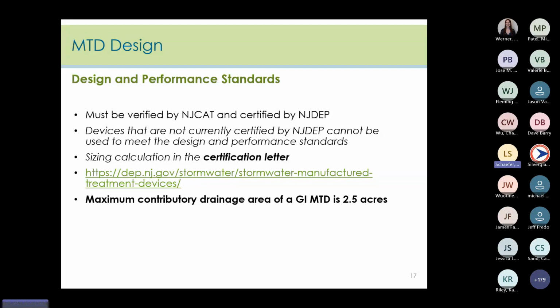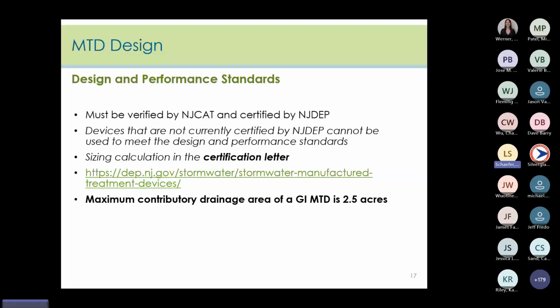All right, they're all listed here at this link on the slide. But take note that the maximum contributory drainage area of a GI MTD is 2.5 acres. So remember from Module 2 that contributory drainage area is defined as the area from which stormwater runoff drains to a stormwater management measure, not including the area of the stormwater management measure itself.